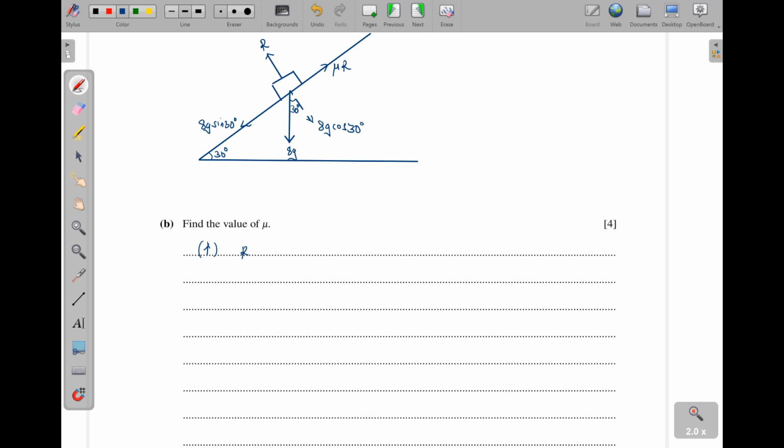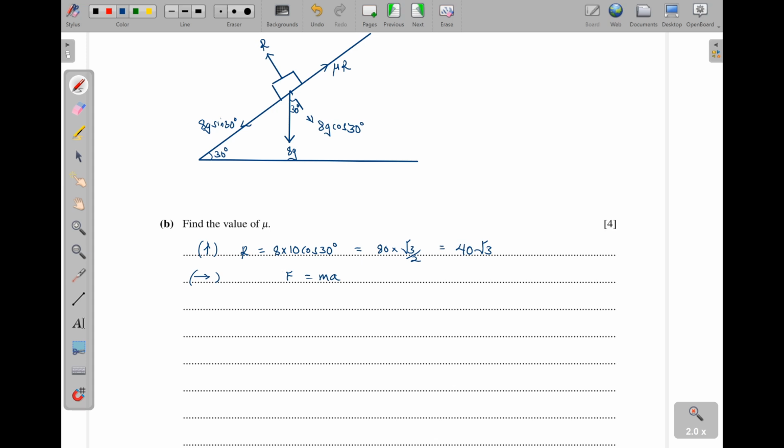Perpendicular to the plane, our R is equal to 8G, G which is 10, then cosine of 30. Cosine of 30 is root 3 over 2. So meaning I will have 40 root 3. Okay. Now parallel to the plane, we are going to use our F is equal to MA.